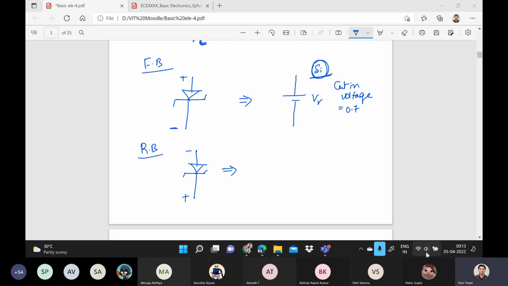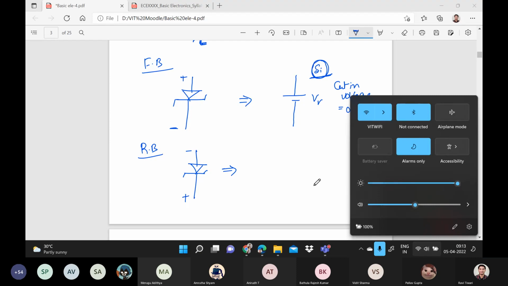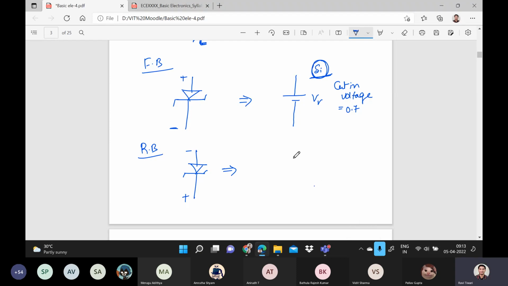And in the case of practical and ideal, it will be the same in reverse bias. Now here, in case of practical, there will be a resistance and a breakdown voltage, that is VBR.